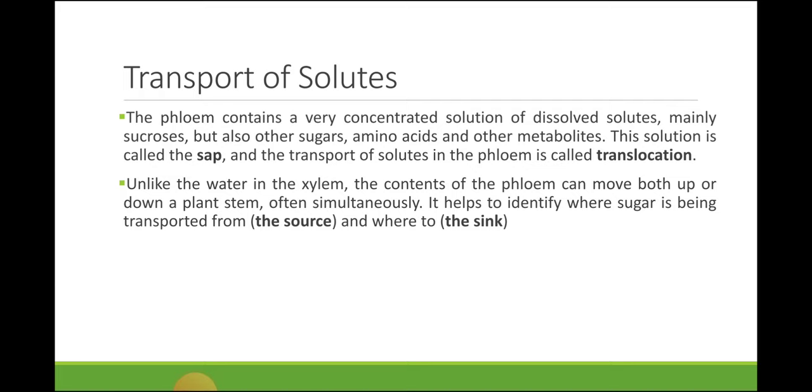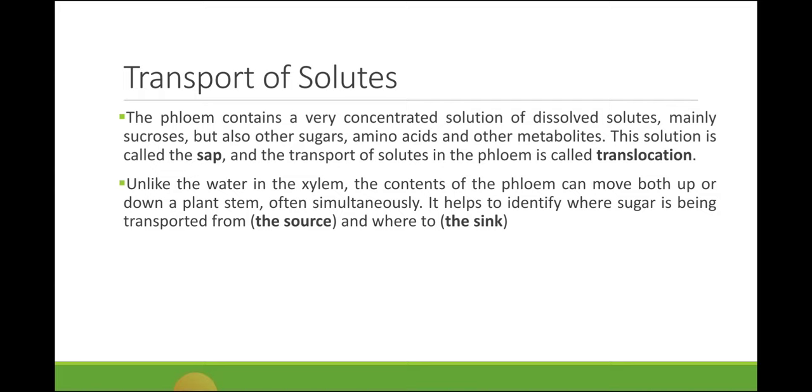Unlike water in the xylem, the content of the phloem can move both up and down a plant stem, and often simultaneously. Xylem only transports water and minerals from the root to the shoot, but phloem can do both. It can transport both downward and upward, and sometimes it does this simultaneously.